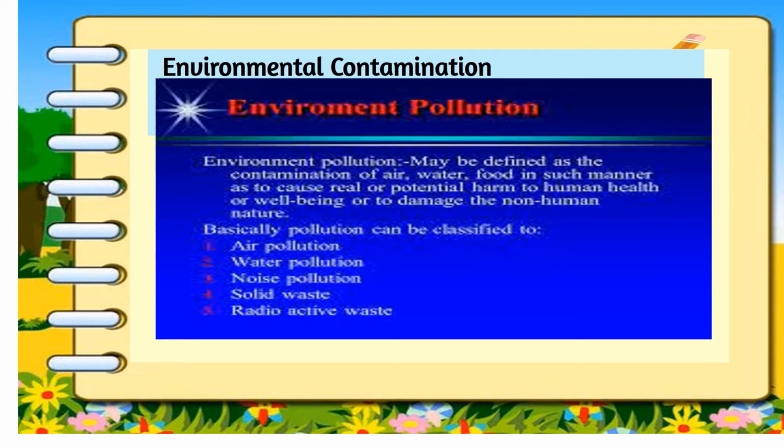Environmental pollution may be defined as contamination of air, water, and food in such a manner as to cause real or potential harm to human health or well-being or to damage non-human nature. Basically, pollution can be classified into air pollution, water pollution, noise pollution, solid waste, and radioactive waste.